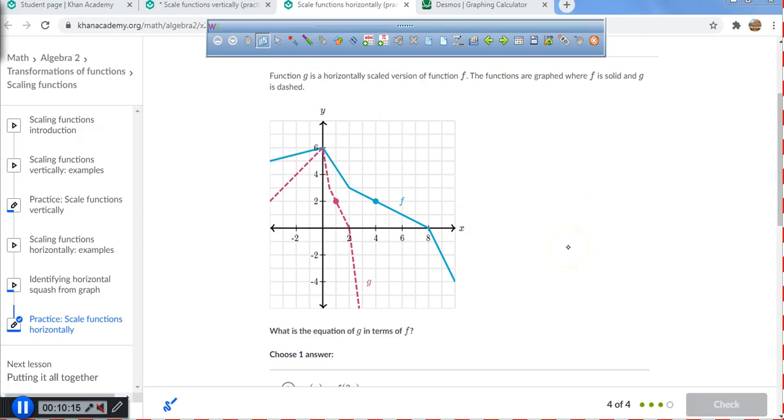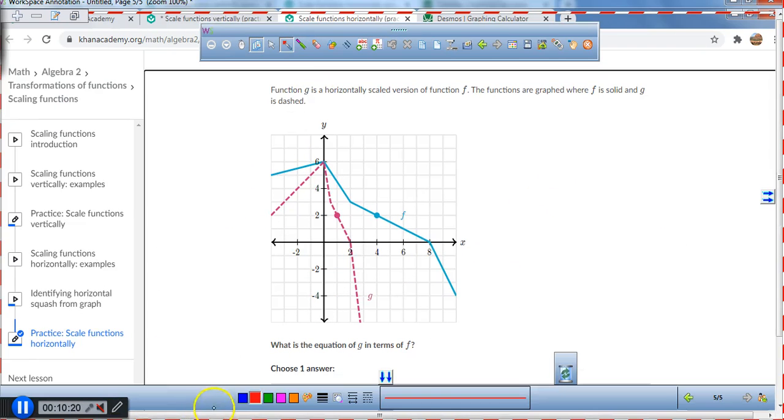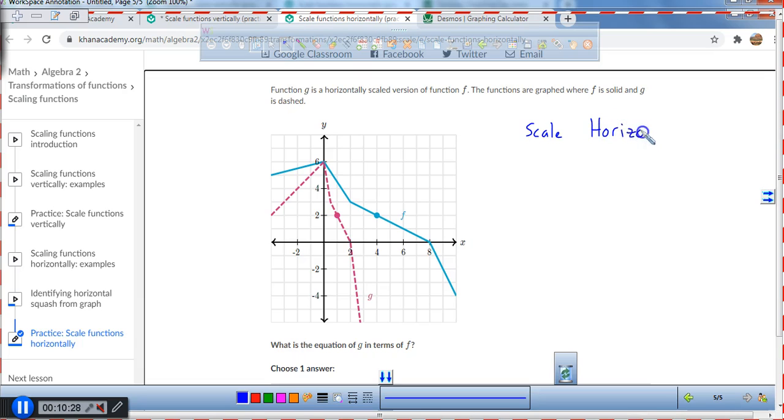So here's what we're going to talk about. How do we scale horizontally? For scaling things horizontally, we're dealing with not the y values, we're dealing with the x values, because x values, remember, run left and right.